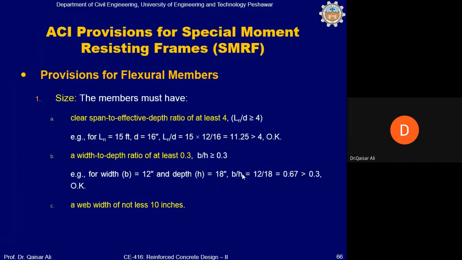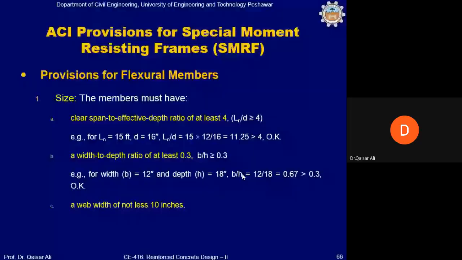The third and last provision with respect to the size of the beam is that the beam must have a width of at least 10 inches. A width less than 10 inches is not allowed in beams which are part of the frame. And the flexural reinforcement.